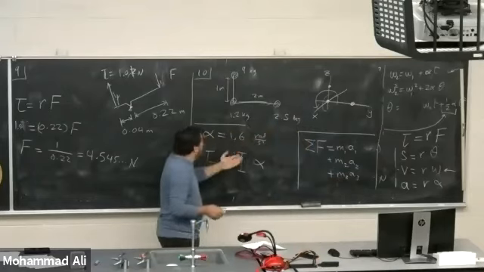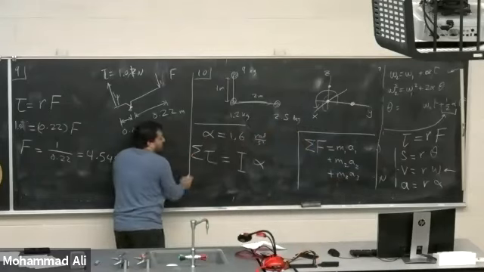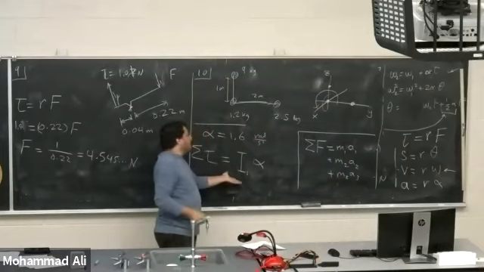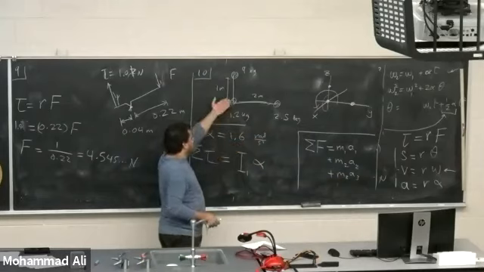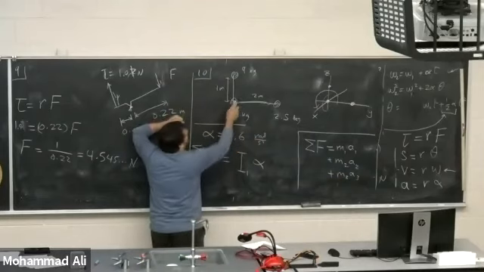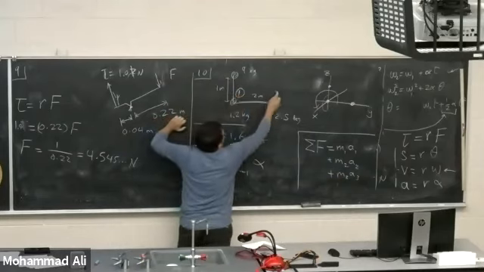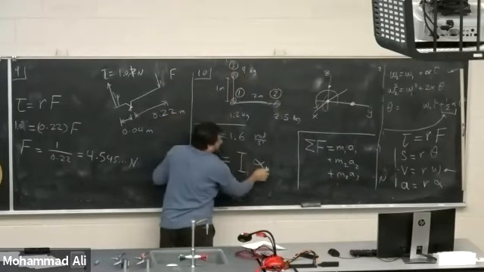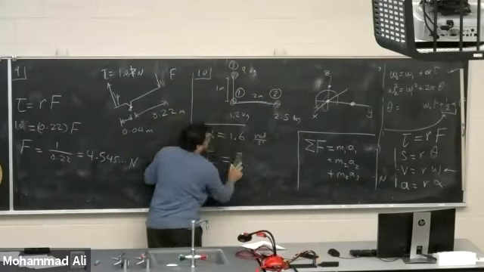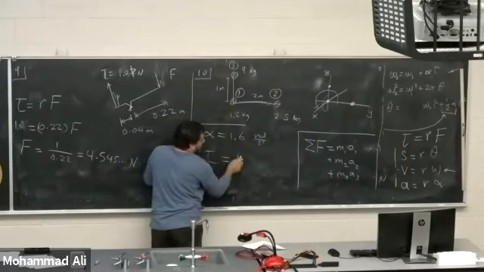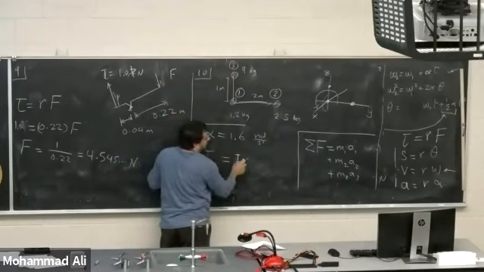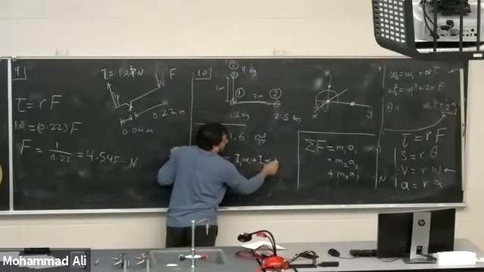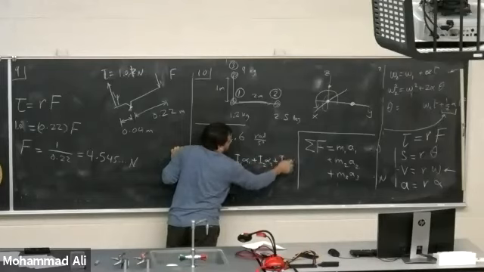We have the same thing here. The total torque is equal to that. First, let us name them. This is 1, this is 2, this is 3. So it is equal to I1 alpha 1, plus I2 alpha 2, plus I3 alpha 3.